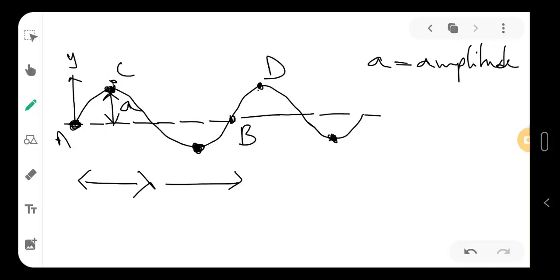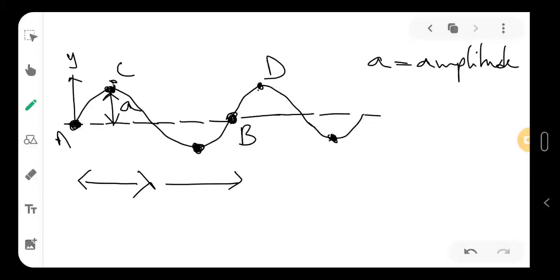A is the point where the first particle is at rest position, which means the starting of the wave.